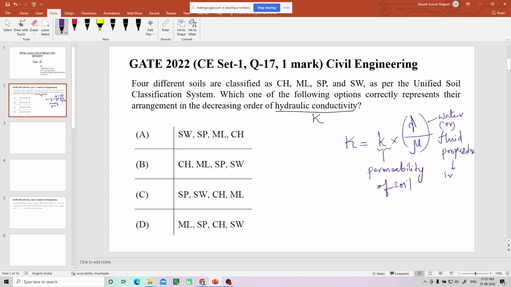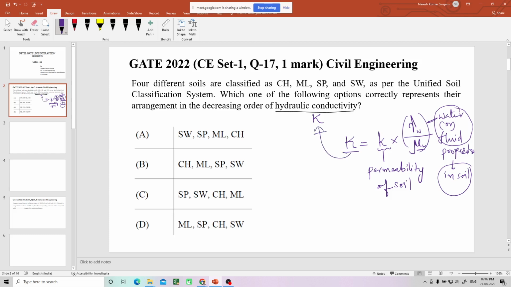Whatever fluid or water exists in the soil, those properties are in the bracket: gamma W, assuming that water is there in the soil, and the viscosity of the water. If it is multiplied by the permeability of the soil, you will get the hydraulic conductivity of the soil.